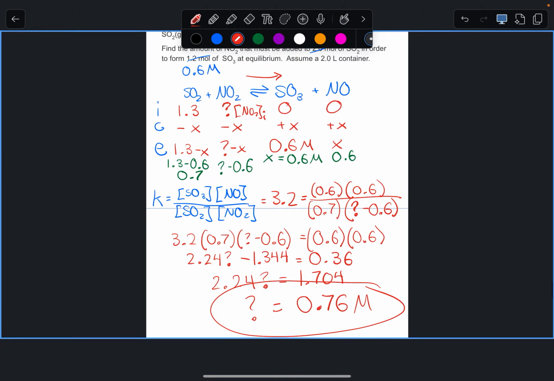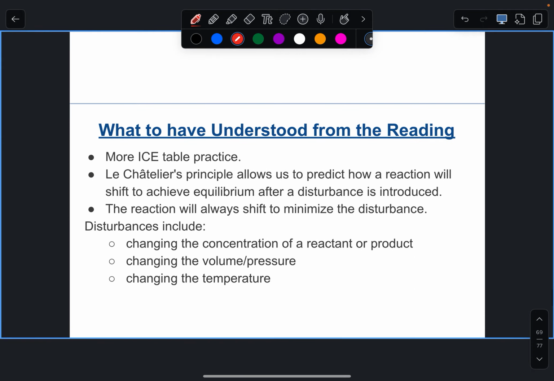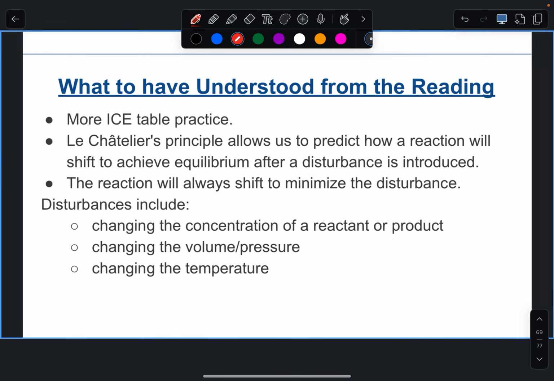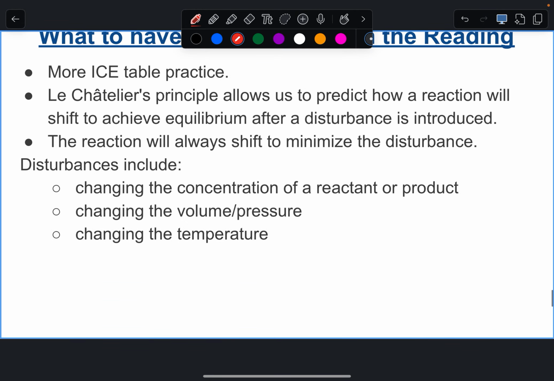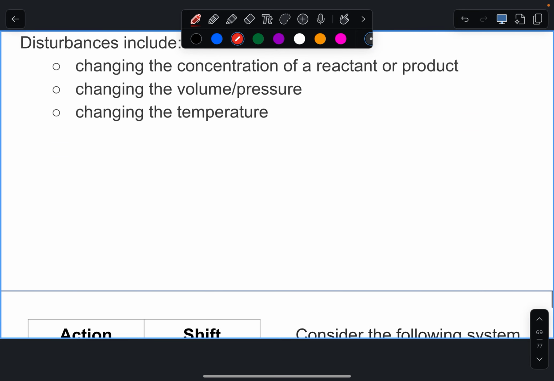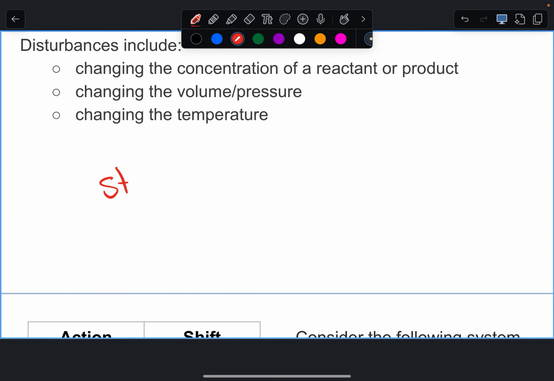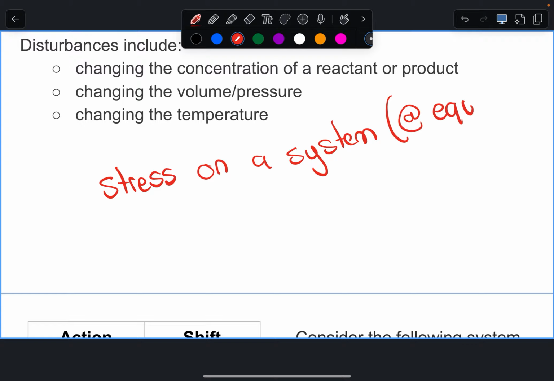The way that it's phrased in Le Chatelier's Principle is, I'll just write it. If we put a stress on a system, and we're assuming this system is already at equilibrium, the reaction is going to shift.